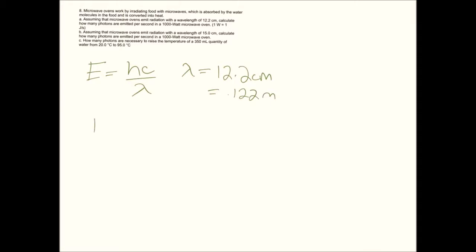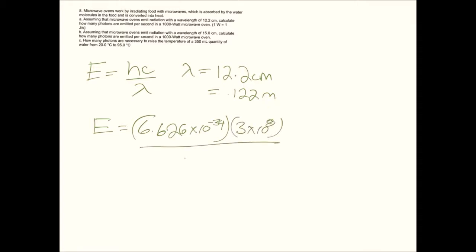So when we plug in Planck's constant, which is 6.626 times 10 to the negative 34 times the speed of light, all divided by 0.122 meters, we get a final energy of 1.629 times 10 to the negative 24 joules per photon.